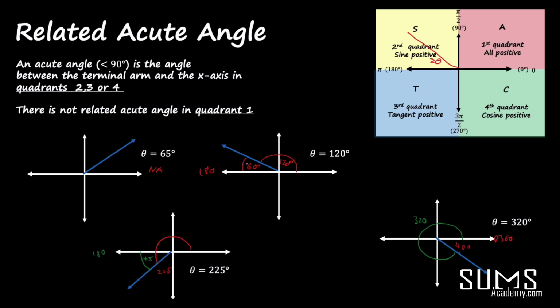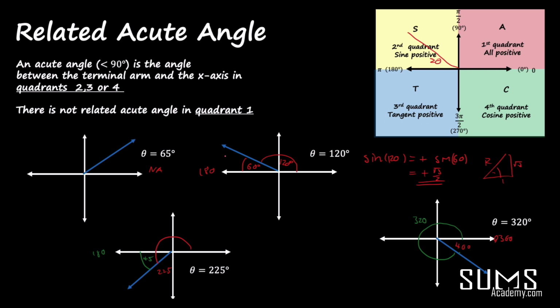I know the acute angle is 60. So sine 120 is equal to positive sine 60, which we know is positive root 3 over 2. We can confirm that from a triangle: root 3, 2, 1, 60 degrees down here, opposite over hypotenuse.